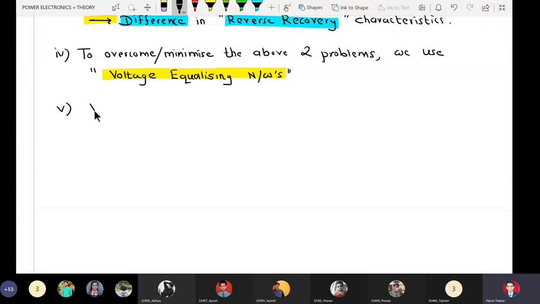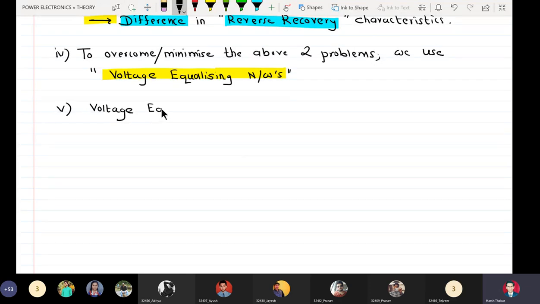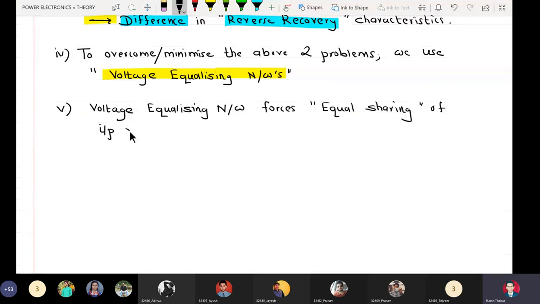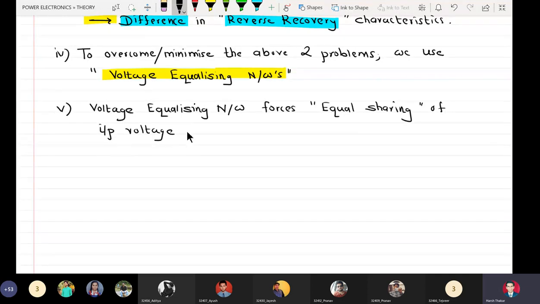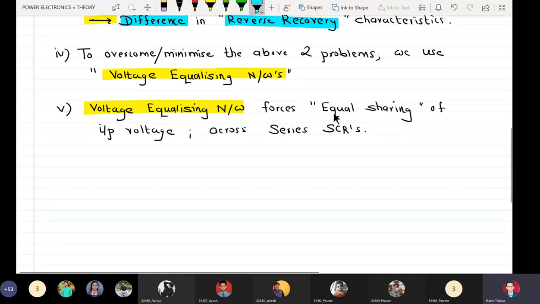The voltage equalizing network forces equal sharing of input voltage across the series SCRs.